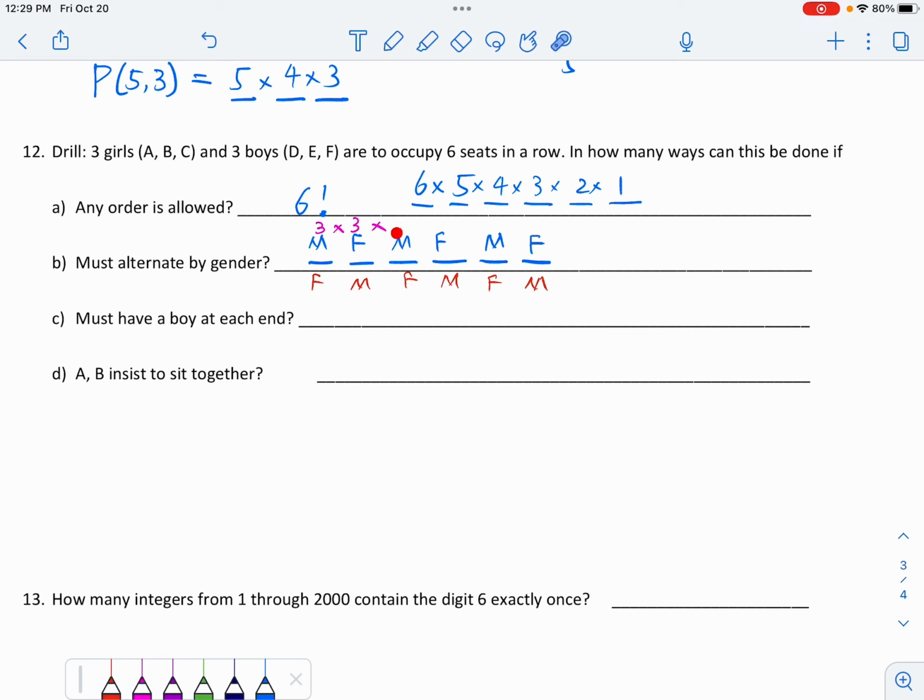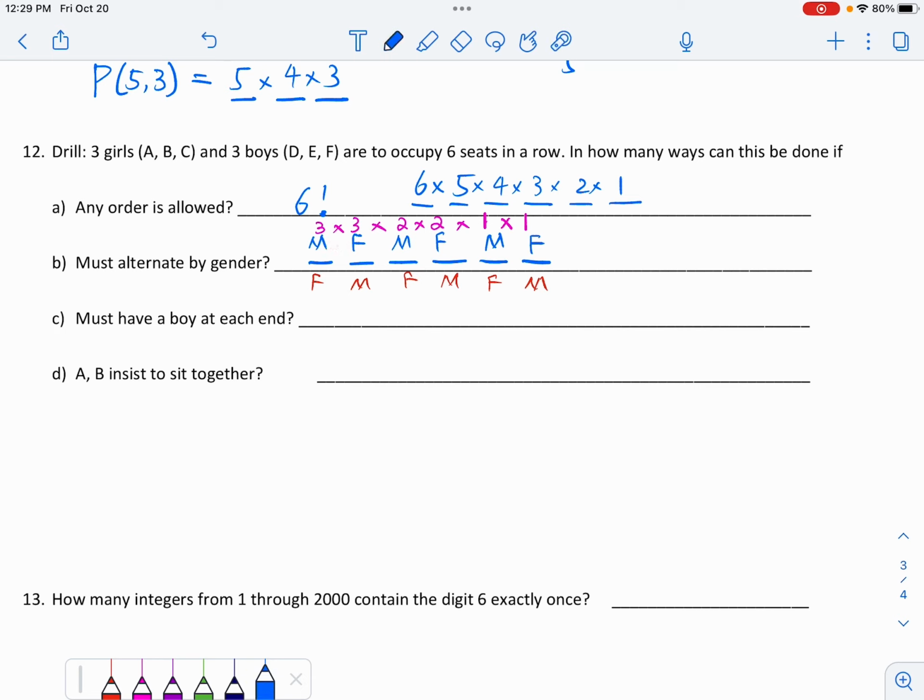Now for the third seat, which is a male, 1 male is taken from the first seat, so we are down to 2 males to fill in the third one, right? So similarly, 2 females to fill in the fourth one. And lastly, only one male left and only one female left. So that will be how many ways to seat these 6 people, like male, female, male, female, male, female.